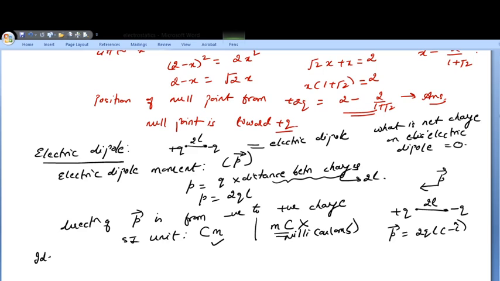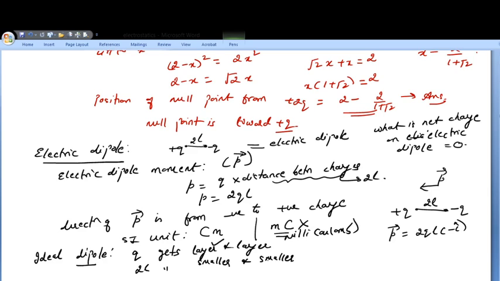Now you have something known as ideal dipole. If the charge gets larger and larger and the distance 2L gets smaller and smaller, such that P is equal to 2qL is well defined and constant, then we get what is known as ideal dipole.